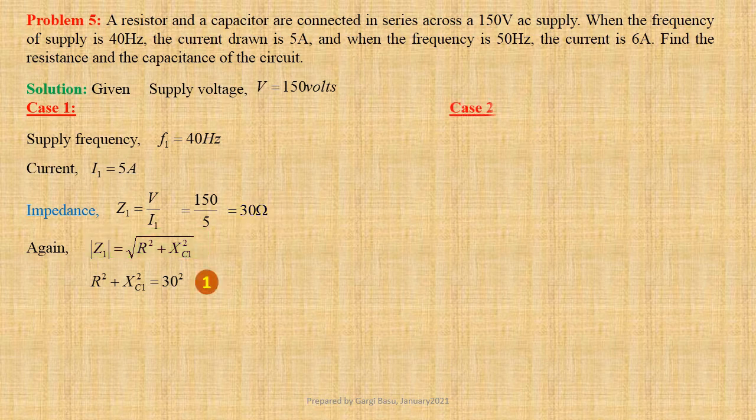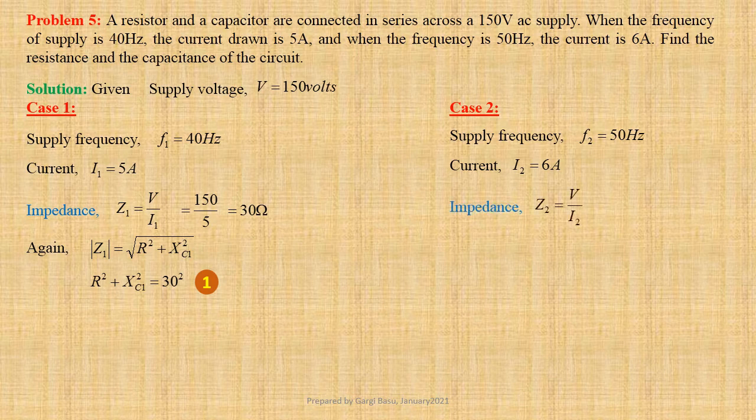During case 2, supply frequency F2 equals 50 Hz. Circuit current I2 equals 6 ampere. Impedance Z2 equals V by I2, that is equal to 150 divided by 6, that gives us 25 ohm.